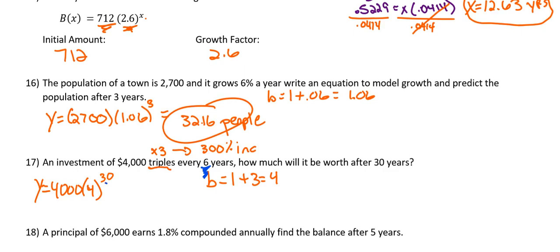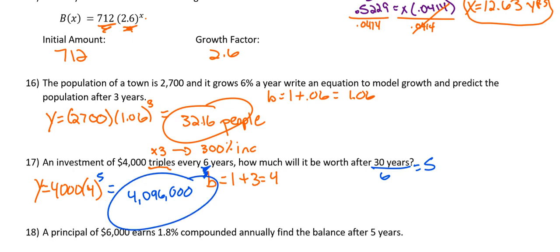So you would just do the 30 and see how many times 3 went into there. That's going to be 10. So we're putting 10 into the equation, and we get 4,096,000. This is money.